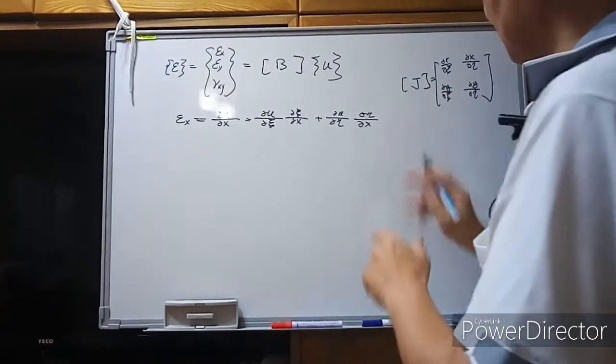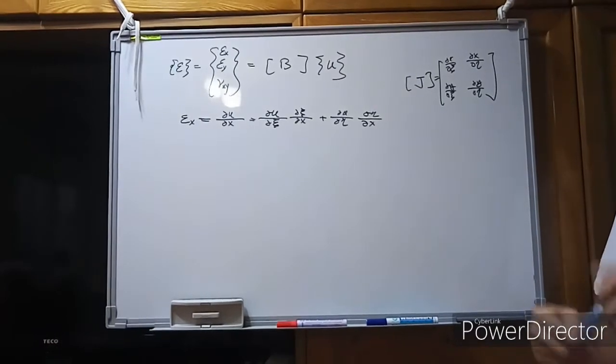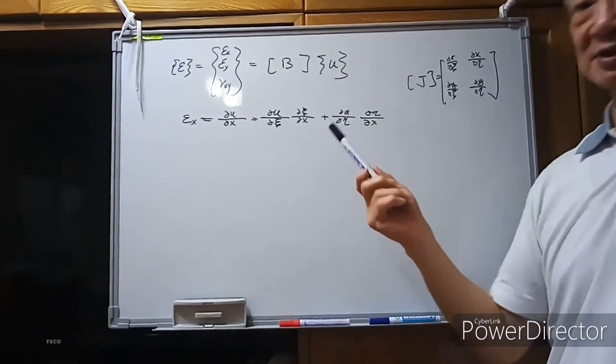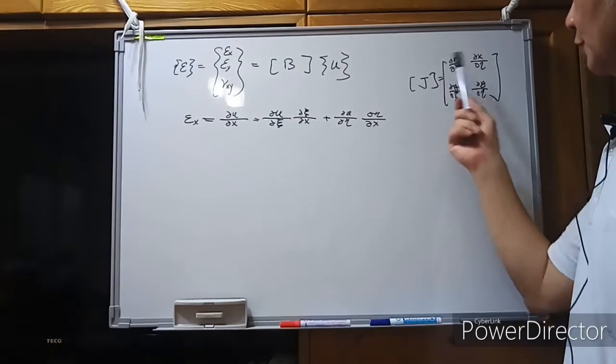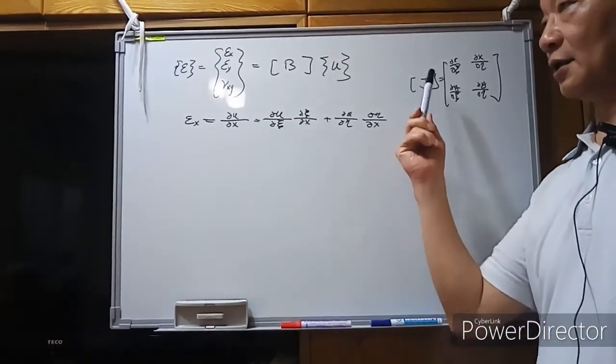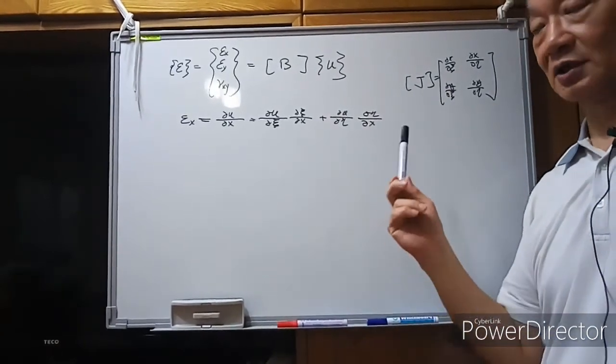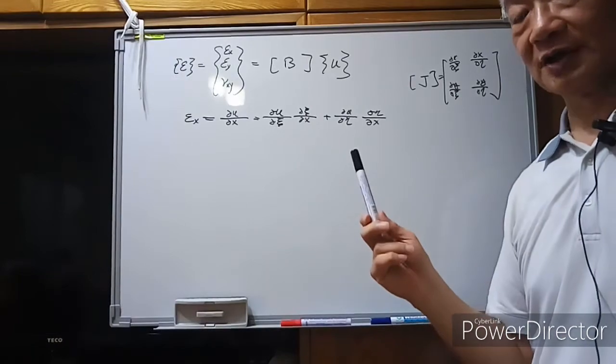For any element, we have the input xi and yi. Therefore, no matter which point inside the element, we can always calculate the Jacobi matrix. All four elements in the Jacobi matrix can be calculated in real numbers.